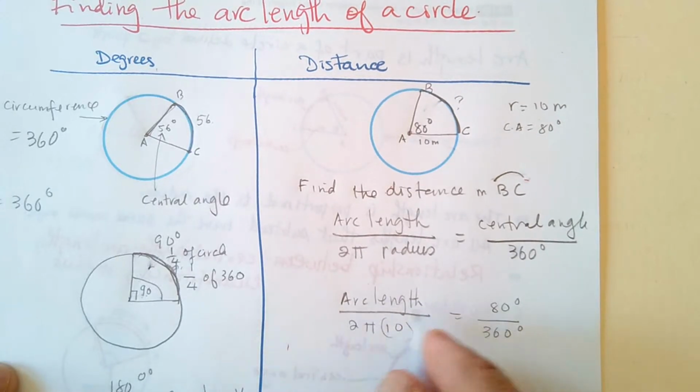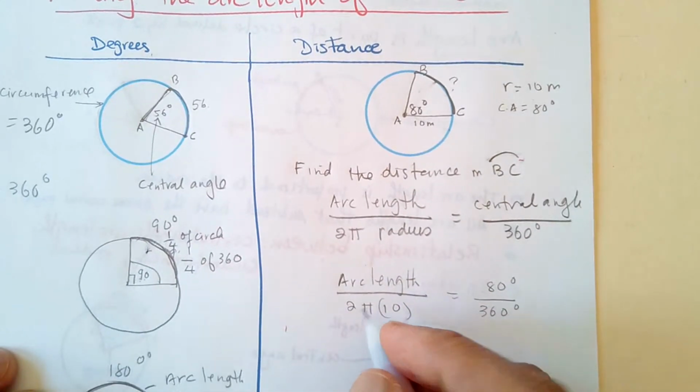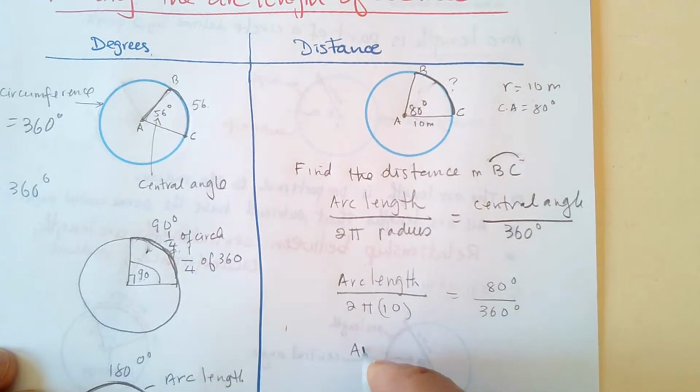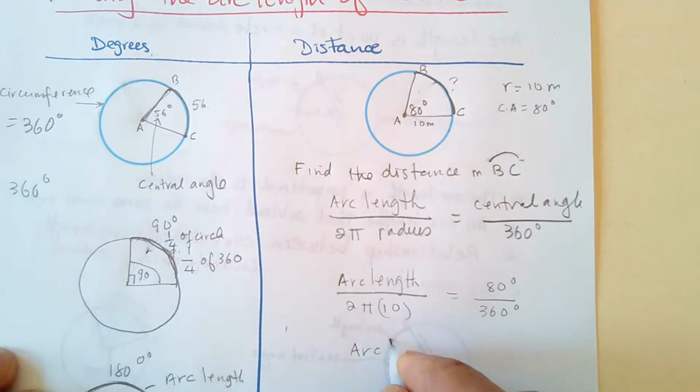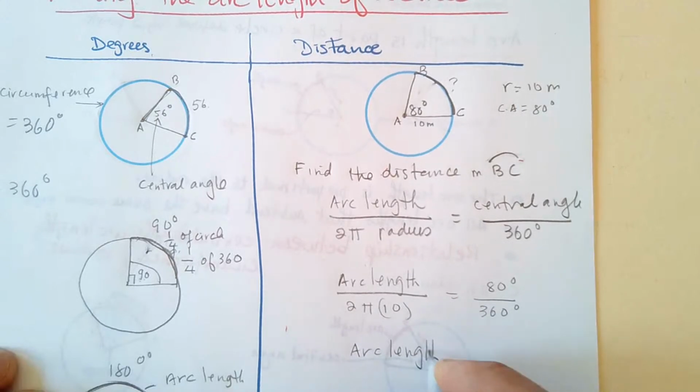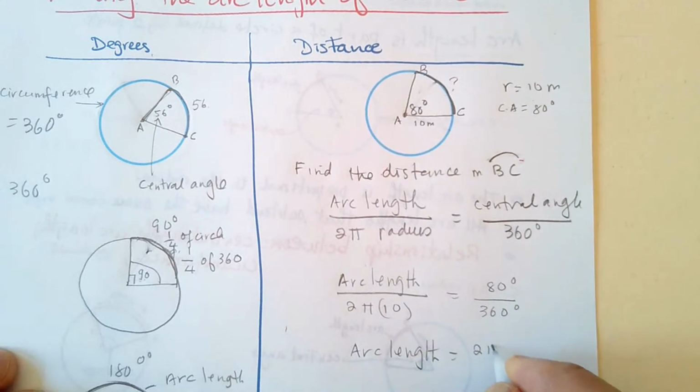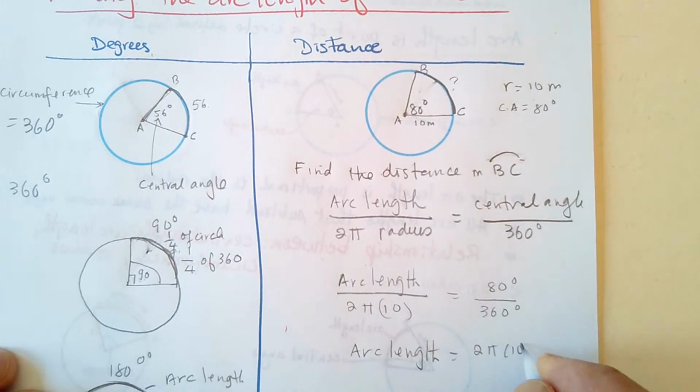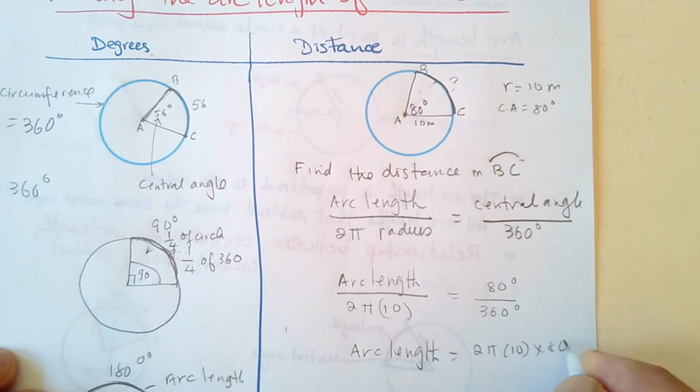Now we do our algebra here. I'm just doing it the long way, but we'll do the next question in a shorter way. Arc length is equal to 2 times pi times 10 multiplied by 80 degrees over 360 degrees.